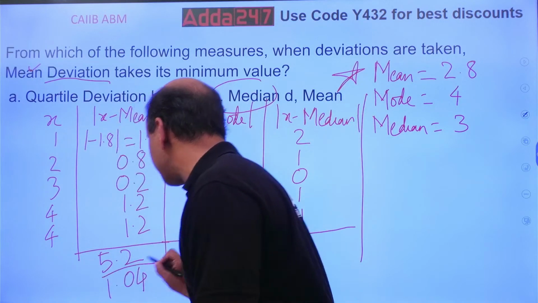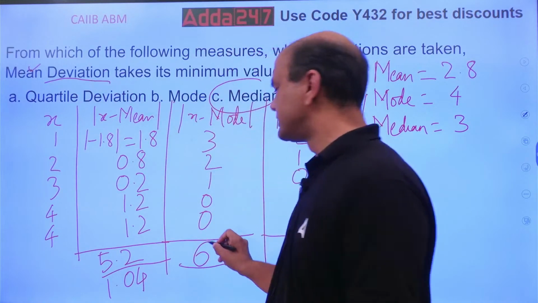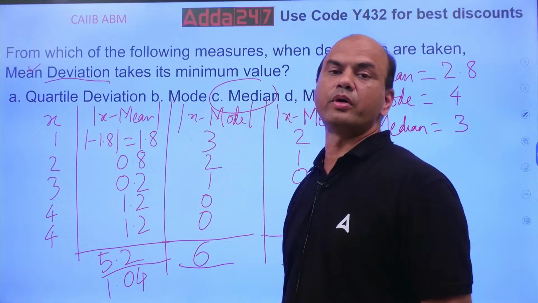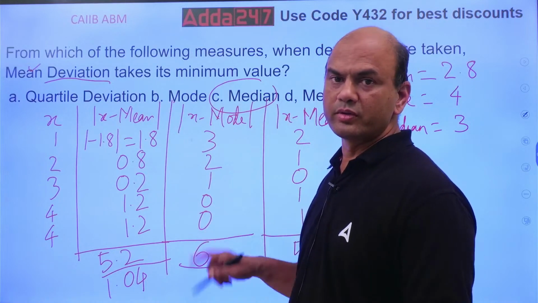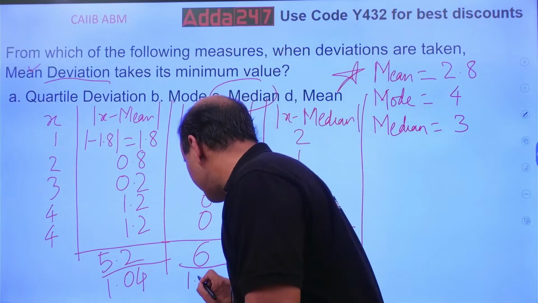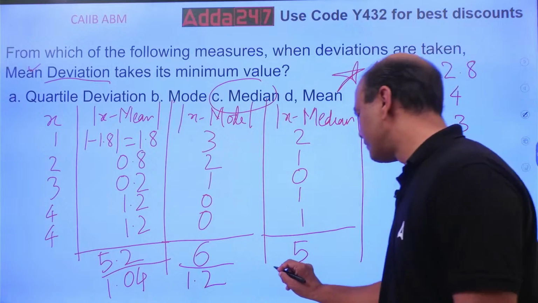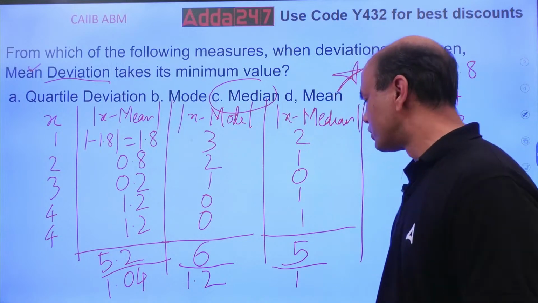This is the required average mean deviation. For mode, 6 upon 5 is 1.2. For median, 5 upon 5 is 1. Who is at the lowest?